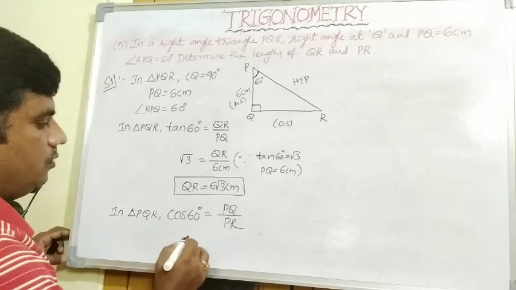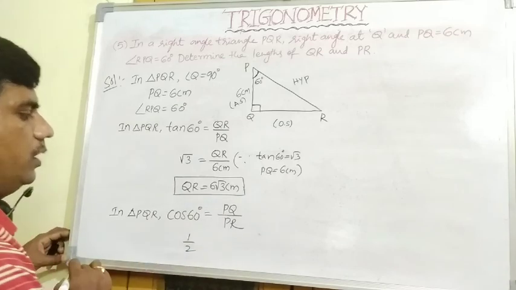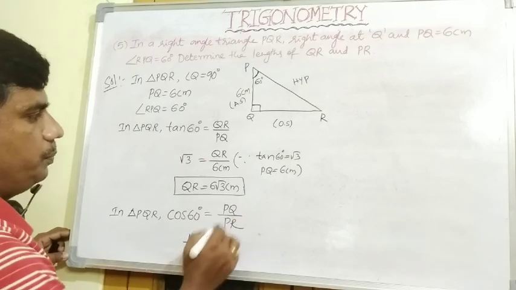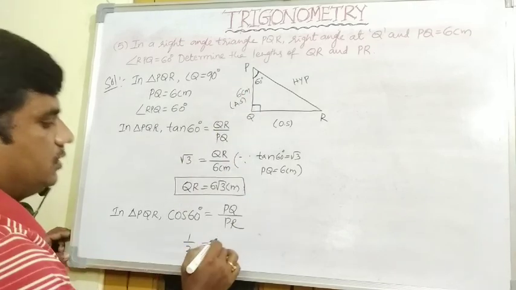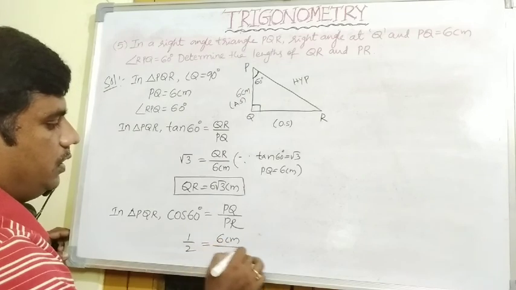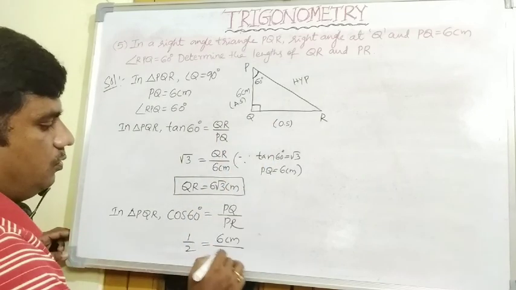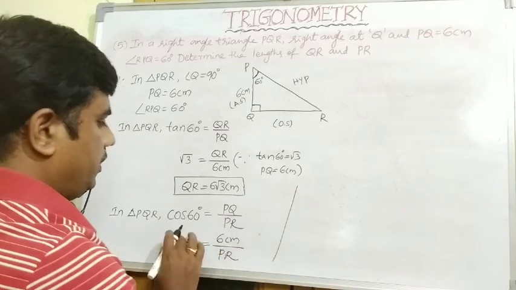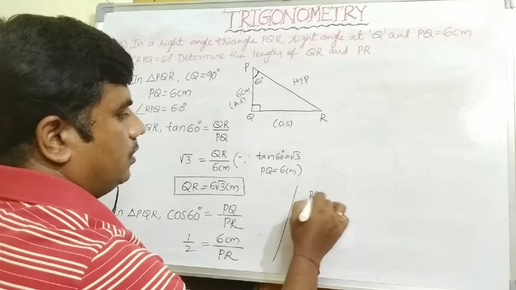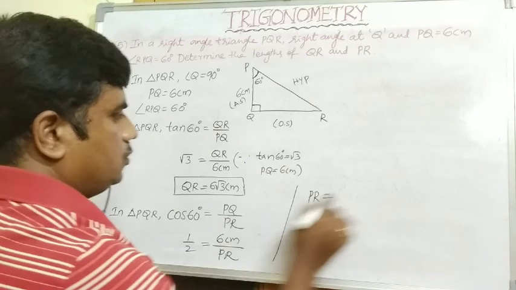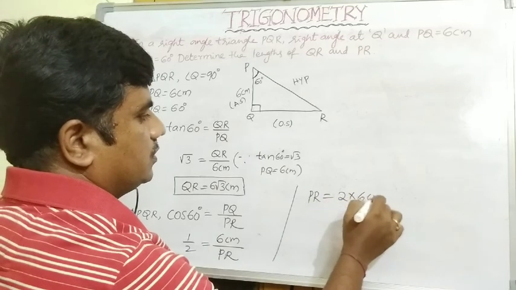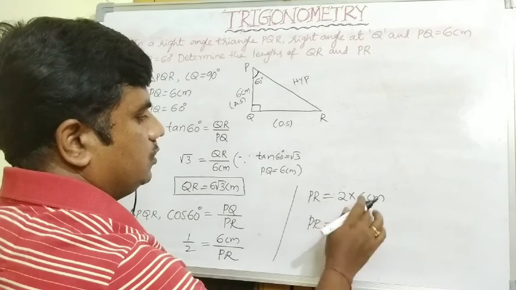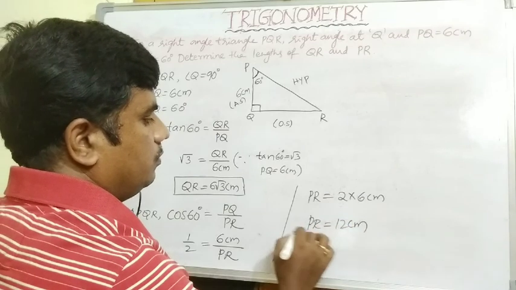Cos 60 value is 1 by 2, equals PQ length 6 centimeters by PR, which we have to find. Cross multiplying, PR into 1, PR equals 2 into 6, which is 12 centimeters.